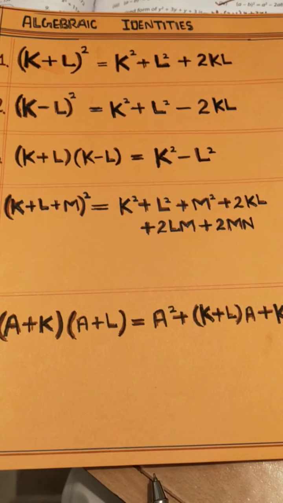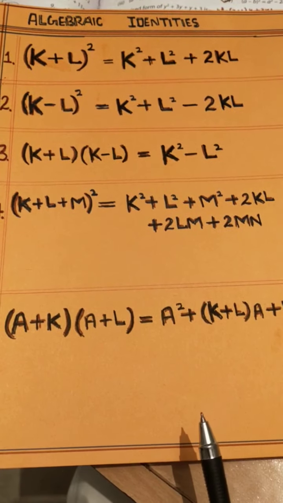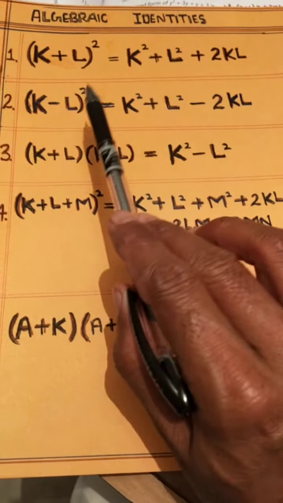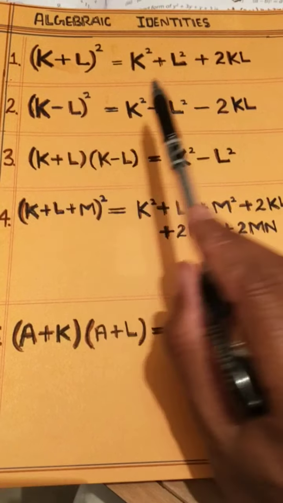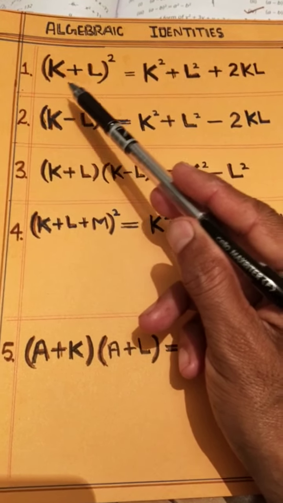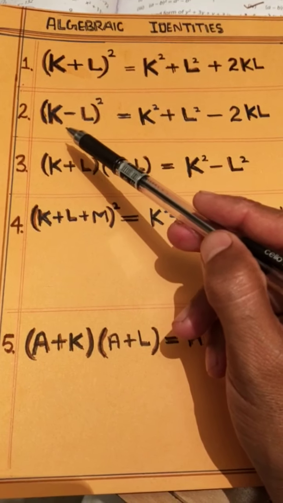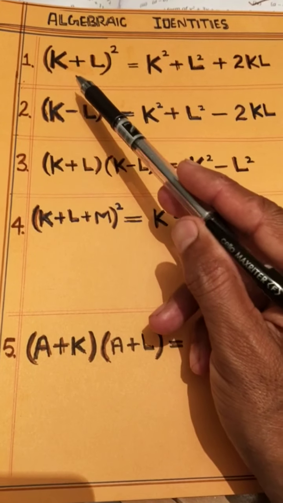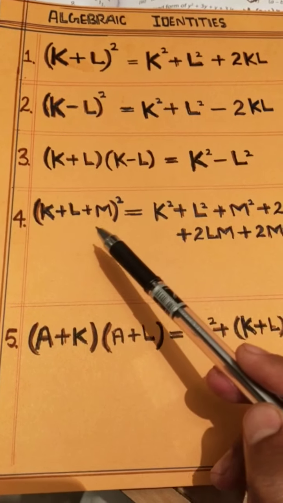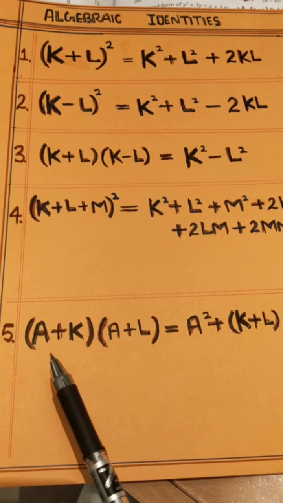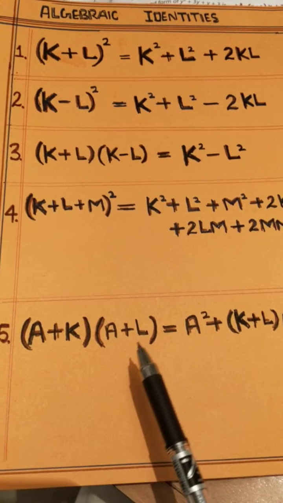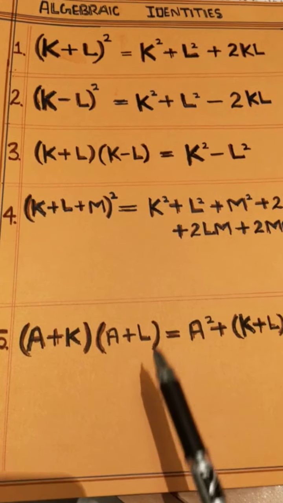You write all the 5 identities, but in place of A and B you can take other letters. Like me, I have taken K and L instead of A and B. These are your numbers, in binomial and trinomial expressions, and A is your variable and K and L are your numbers.